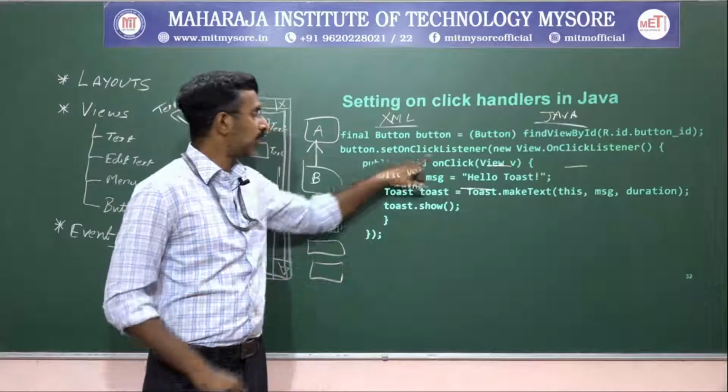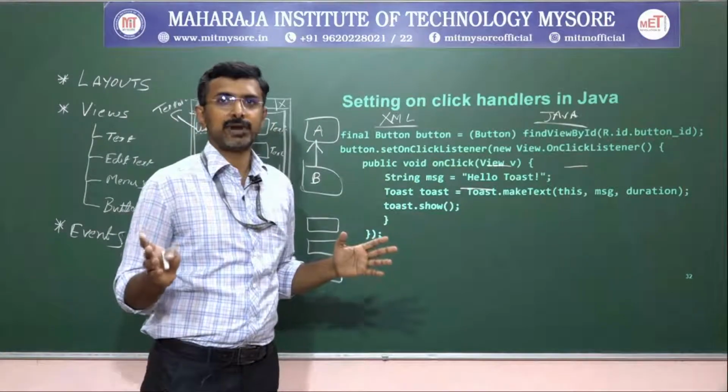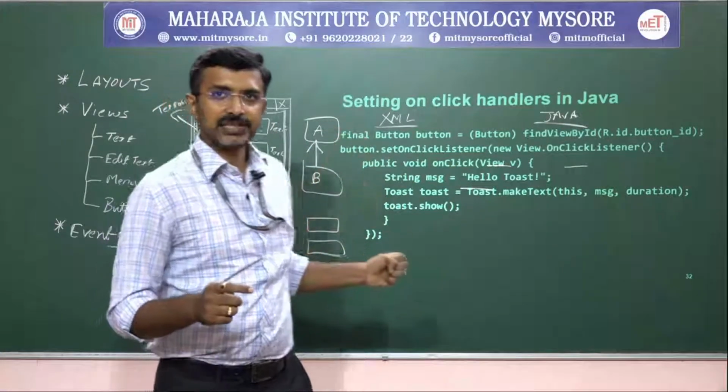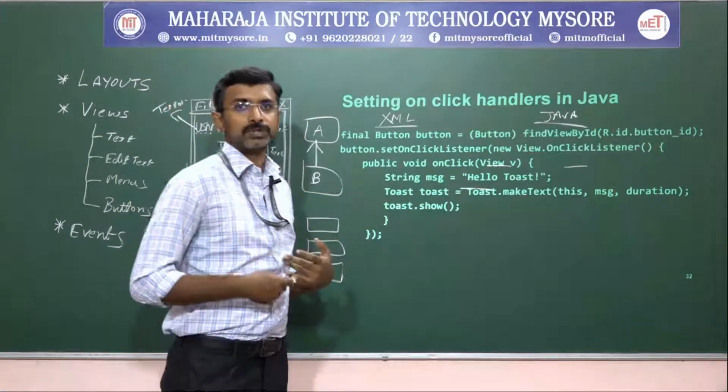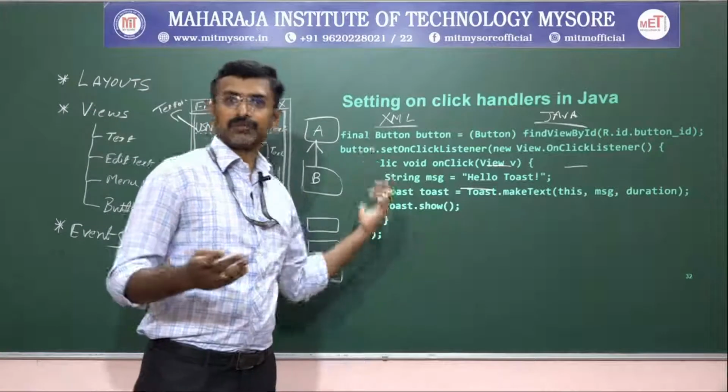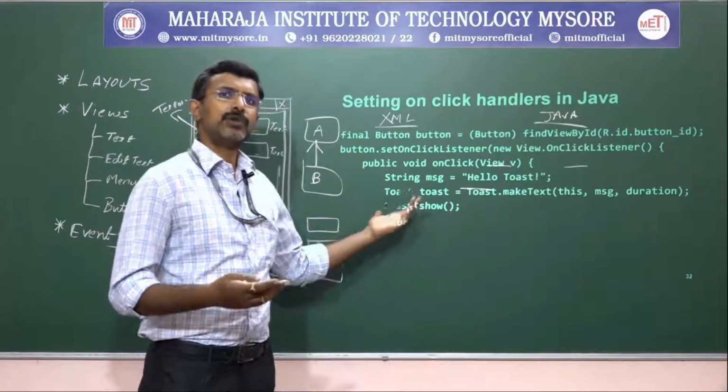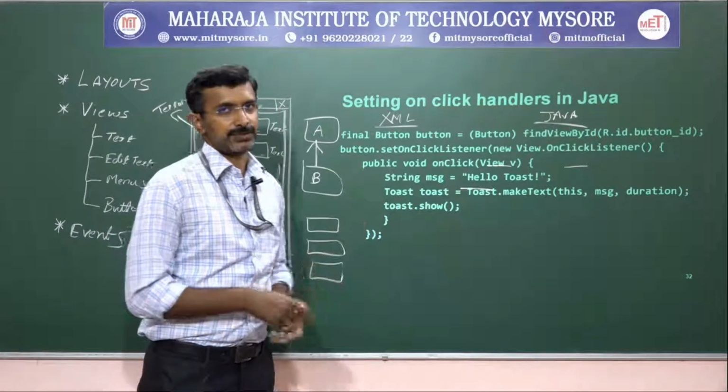That's the reason for setOnClickListener. It will always be on. When an event is generated, this function is executed. This is the mechanism we have used. You can use either one; it doesn't matter, but normally everyone prefers the XML mechanism.